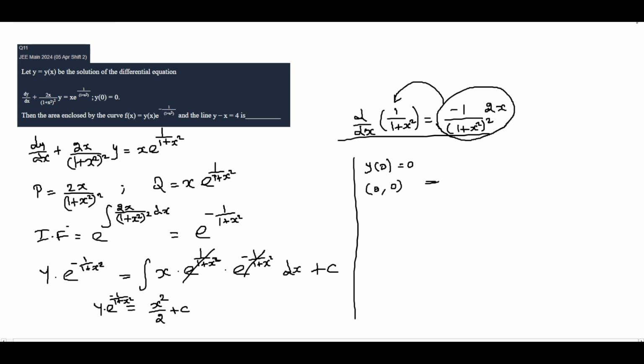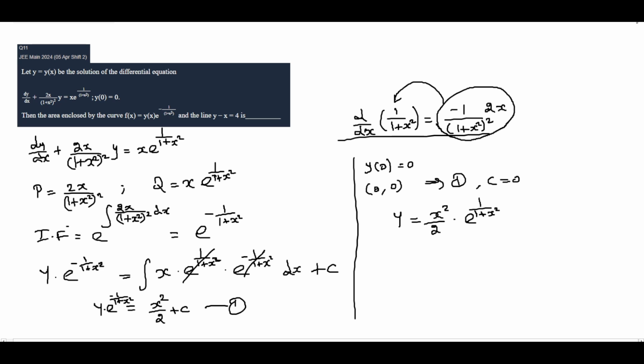If you apply it in equation 1, we get c equal to 0. So y equals x square by 2 into, if you side change the exponential function, you get the positive power, so e power 1 by 1 plus x square.